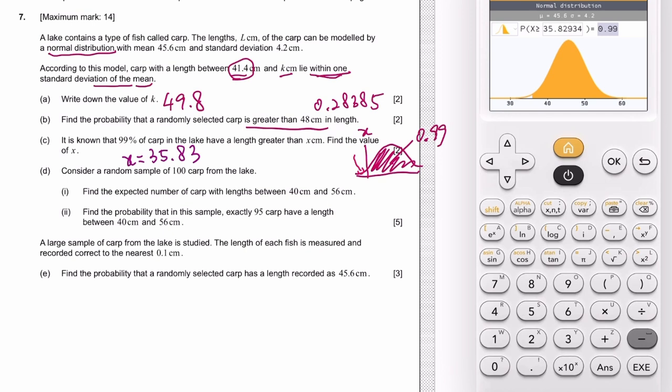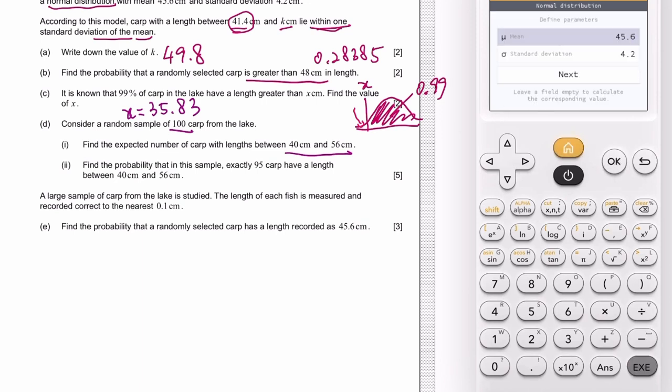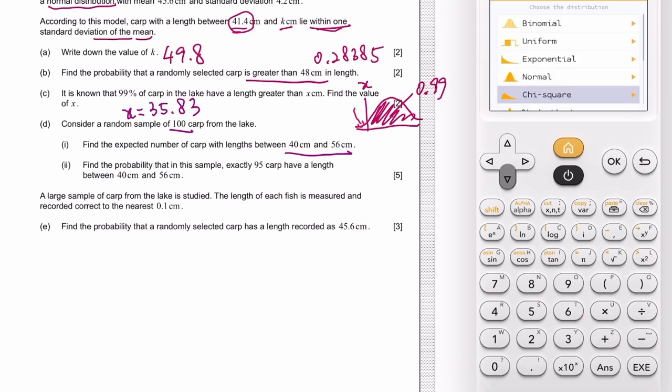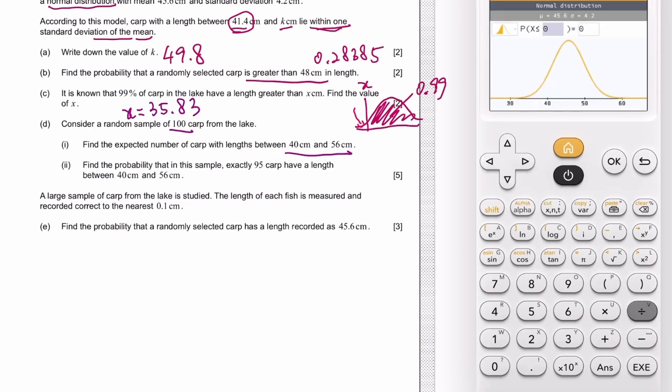Now consider a random sample of 100. That sounds like binomial. For the expected number that would have lengths between 40 to 56, you simply find the probability that one carp, is that called carp? I don't know how to say that.